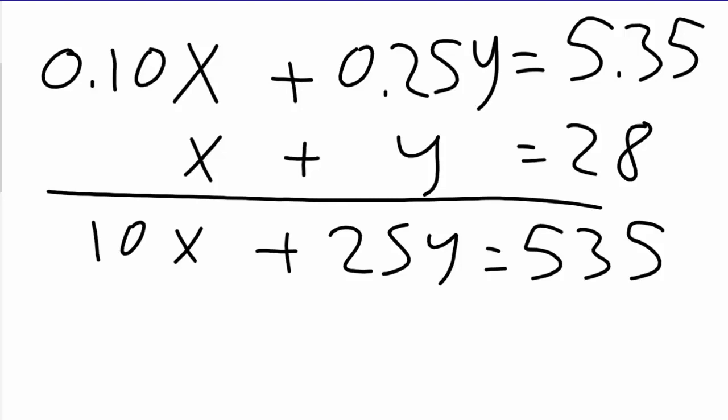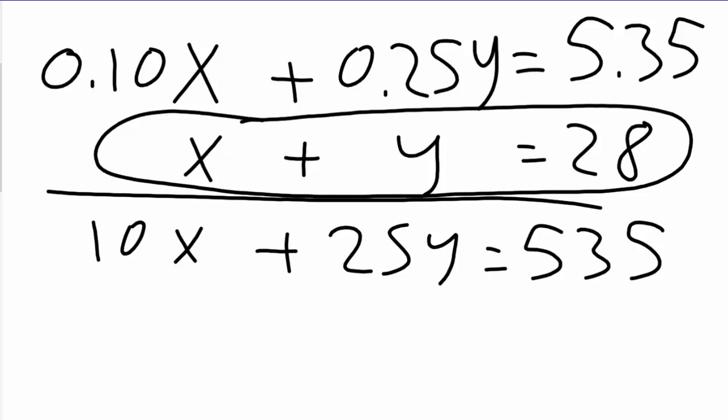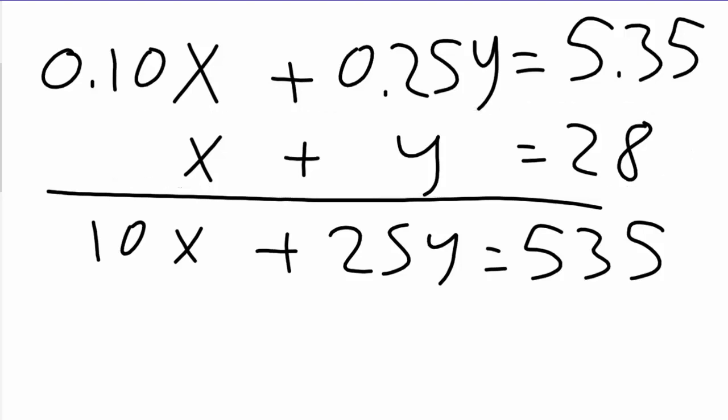And next, I'm going to multiply the bottom equation, everything here, with, let's see, I'm going to get rid of X, because I want to eliminate X because X has the smaller number. I don't want to multiply everything by 25. I like dealing with smaller numbers. So I'm going to multiply the bottom equation with negative 10.